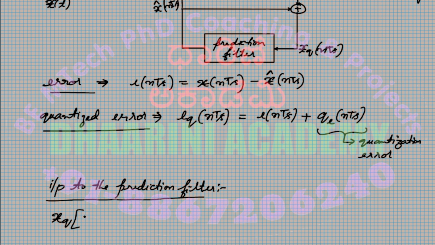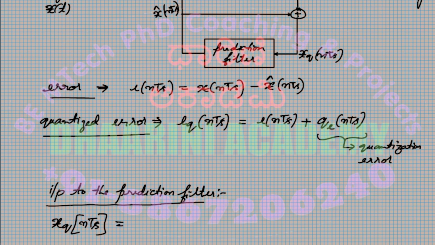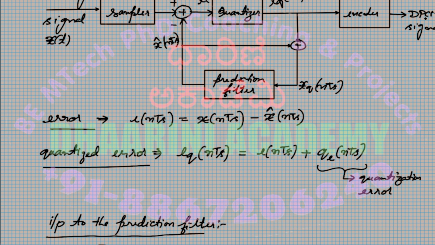XQ of nTs. So as we can see in this block diagram, I can directly write it as it's a sum of X cap and EQ, isn't it?